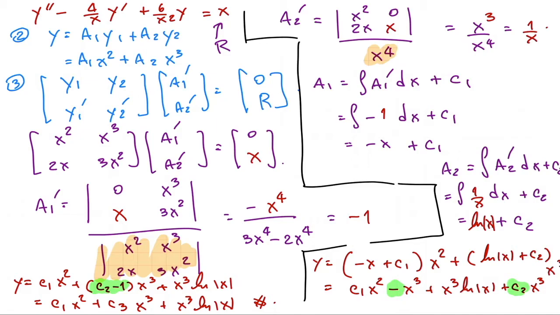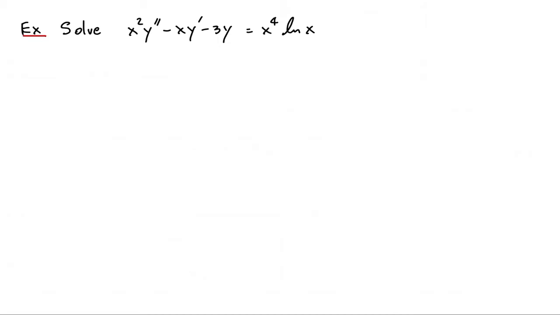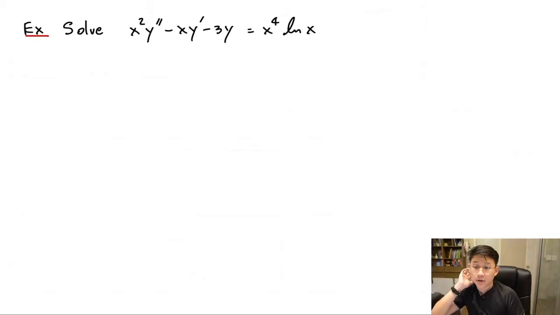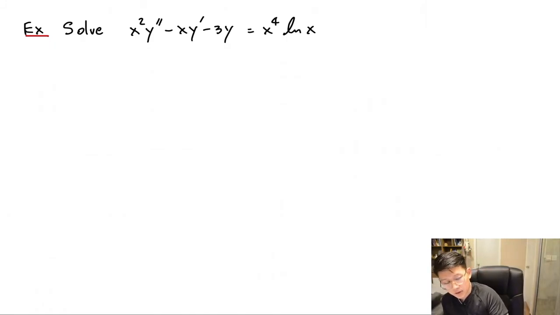Okay guys, let's look at another example, which is this one. So it's x squared y double prime minus x y prime minus 3y equals x to the 4 log x. Okay, for that one, first, it's clear that it is Cauchy-Euler.